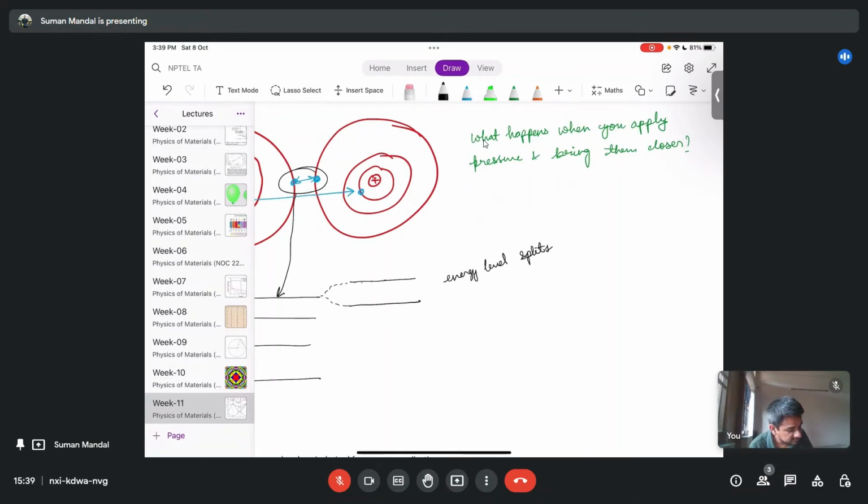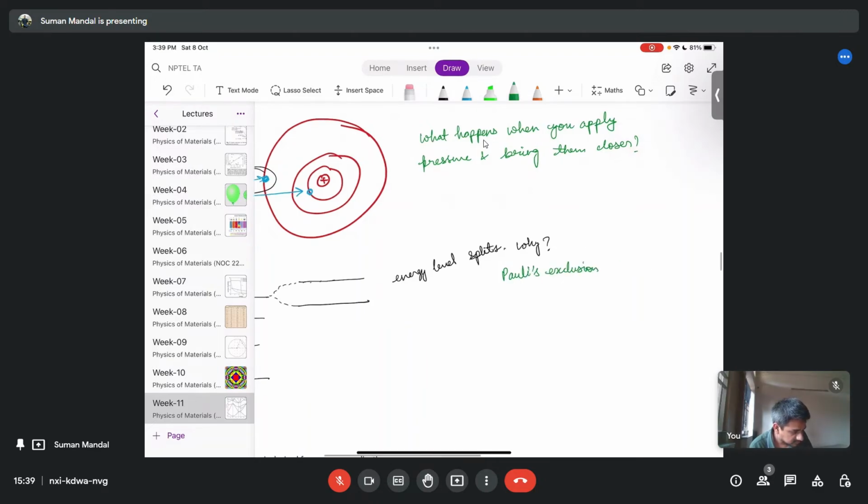And why does it split? Because of Pauli's exclusion principle. And what does Pauli's exclusion principle say?